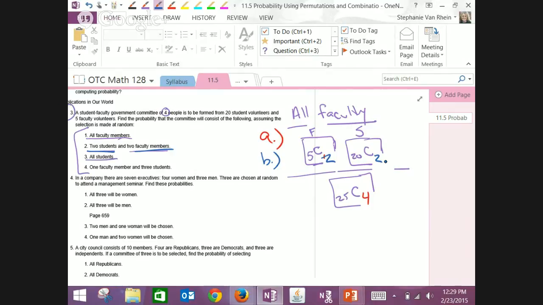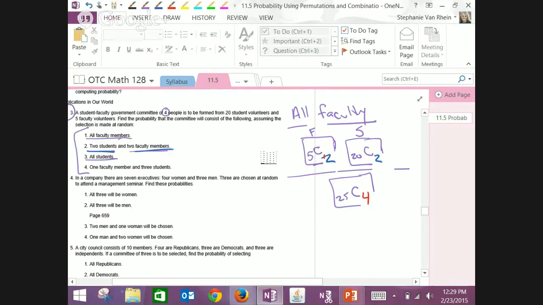There are 25 people to pick from, and you're picking 4 of them. So this total doesn't change. Does that make sense? You only change what you want for the event to happen. At first, we wanted 4 faculty and 0 students, so this was 4 and this was 0. So B then changes this way. Does that make sense?